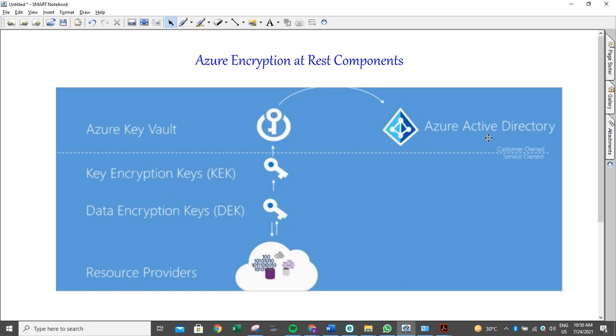So first, Azure Key Vault: what will it do? We will see this. In this Azure Key Vault, the encryption keys and access control of these keys will be stored. So it will be managed by specified users and available to specific services.